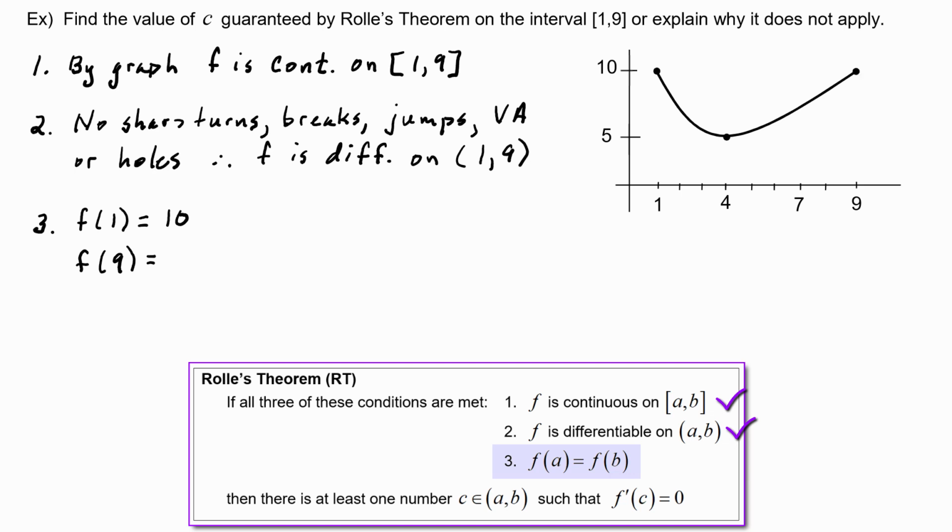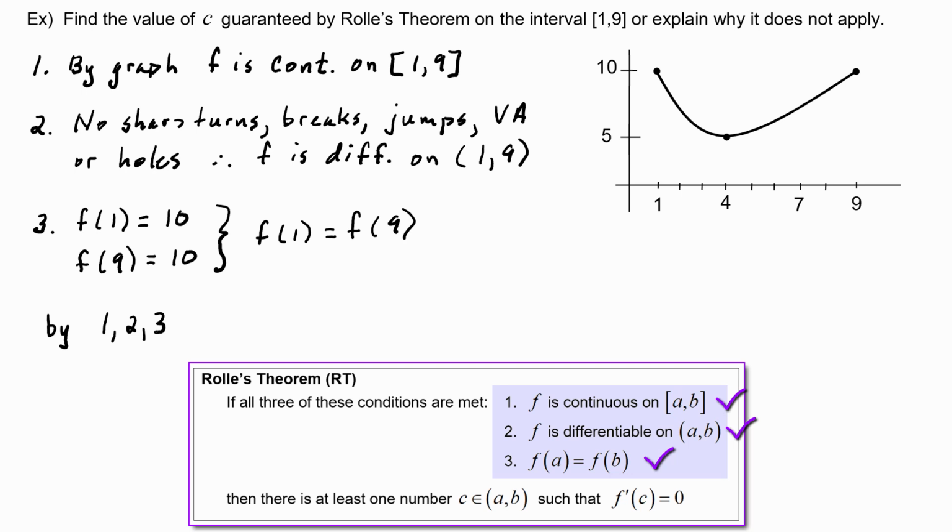We see that it is also 10. So f of 1 is equal to f of 9. And that satisfies step 3. So by 1, 2, and 3, Rolle's theorem applies.